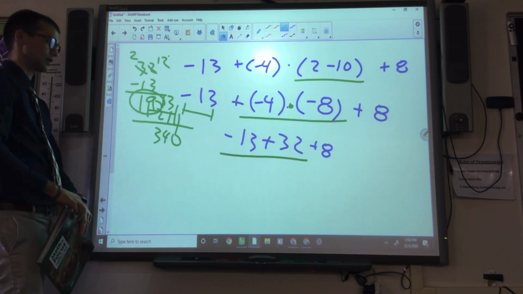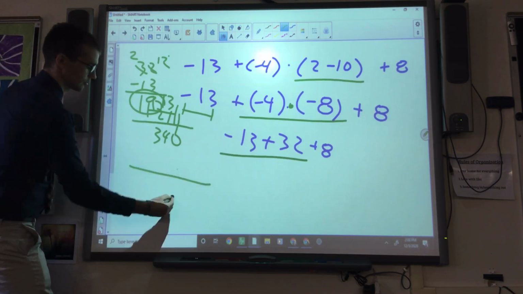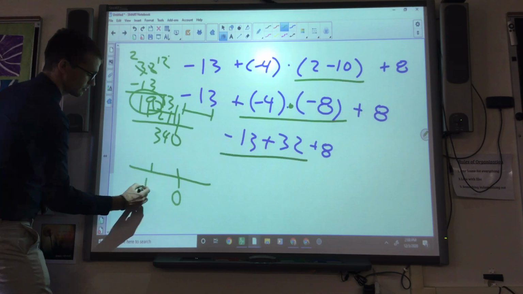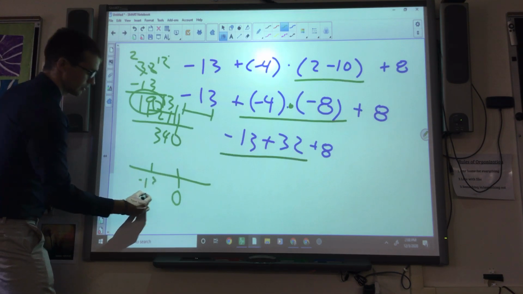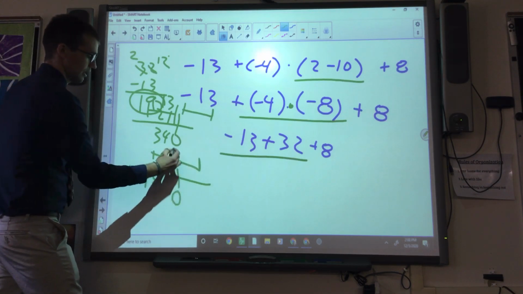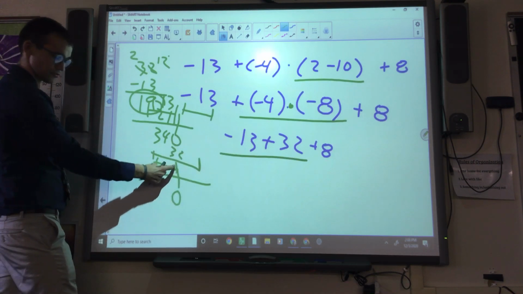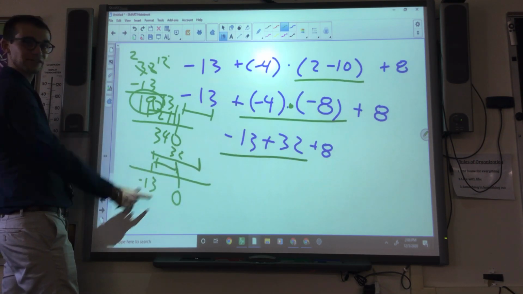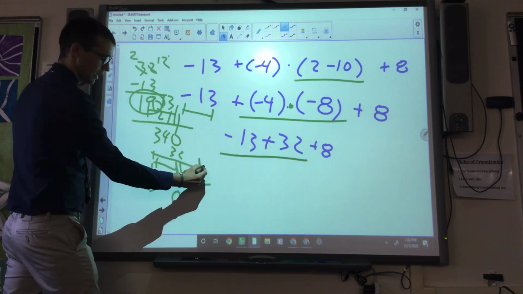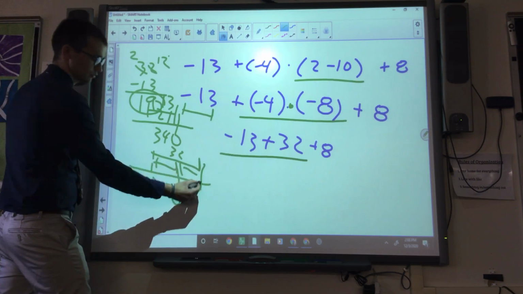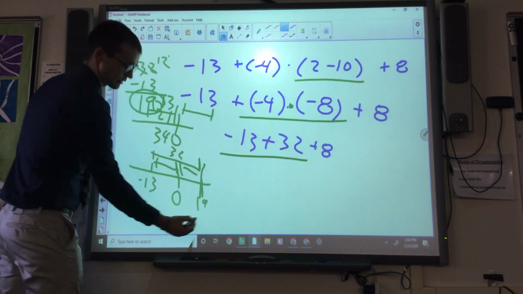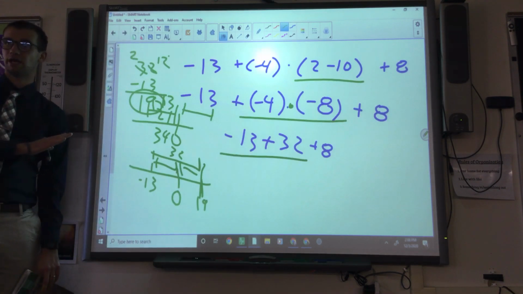If this is negative 13, and this whole distance is 32, then you can subtract this distance right here, which is 13, and whatever that subtraction is, that's what you're gonna get right here, which ends up being 19. You should be able to get to that much.